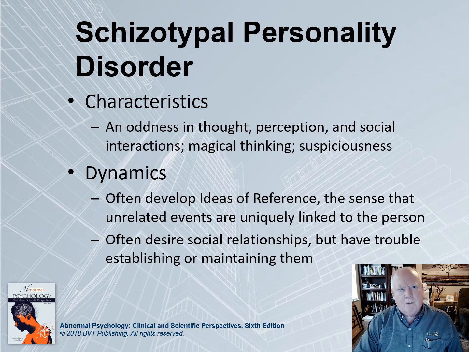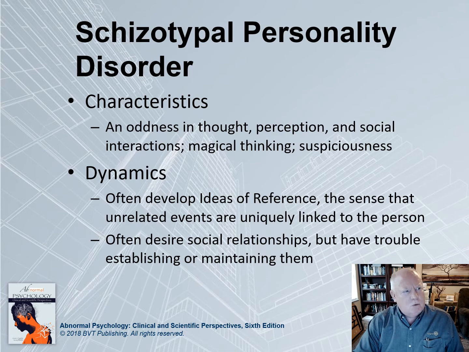For example, if you're watching someone give the news, you have ideas of reference if you believe that they're talking specifically to you, rather than giving the news to tens of thousands or millions of people all at once. Ideas of reference may also include the idea that some things are signs that only you can read.